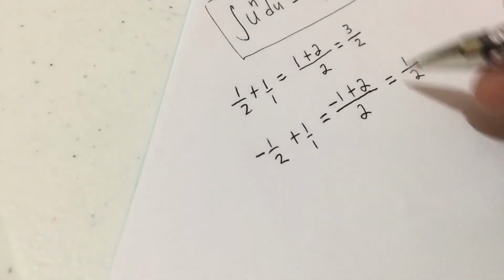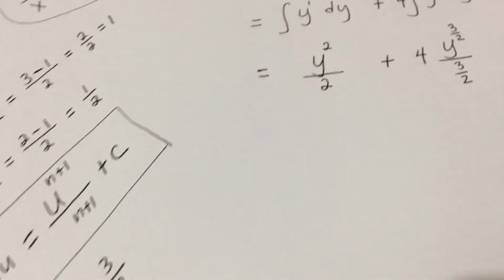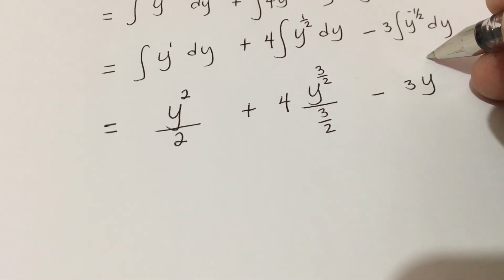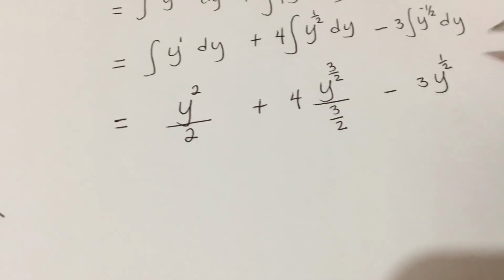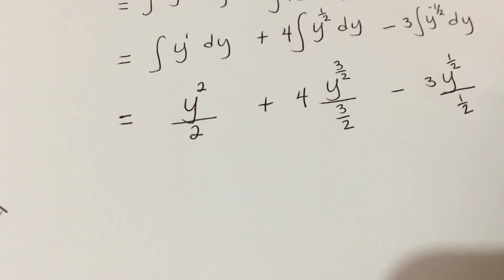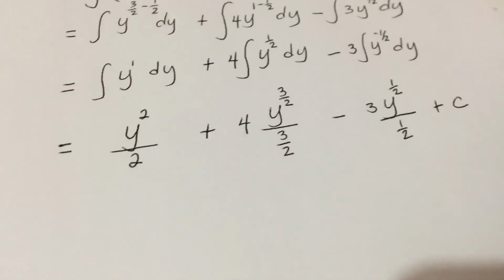So this would be the exponent or the power of y in the third term. So 1 half, and again this is divided by 1 half, and plus the constant of integration c.